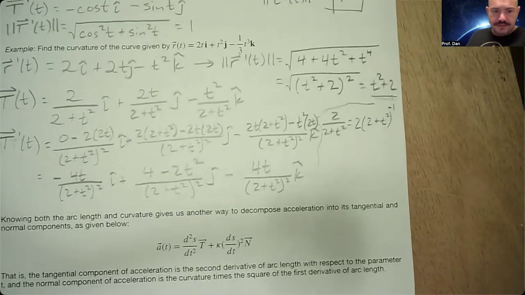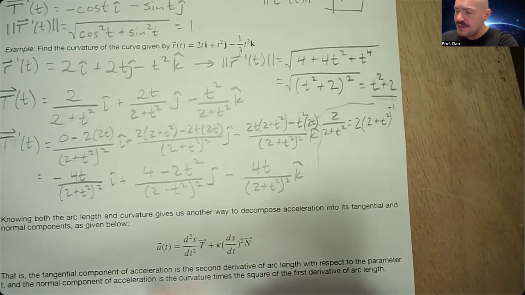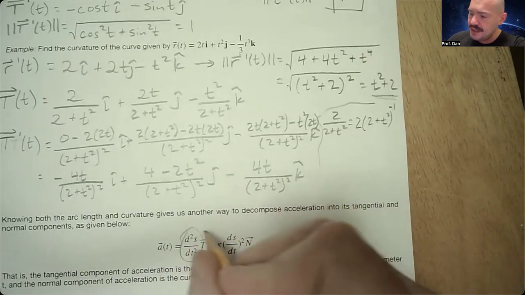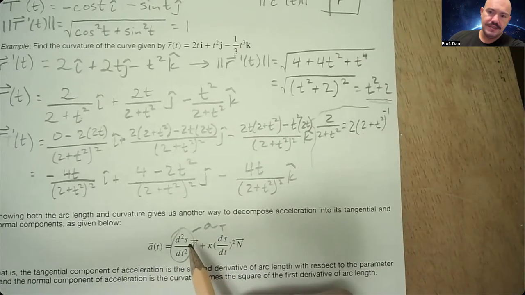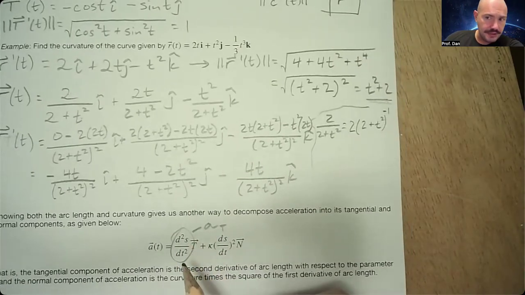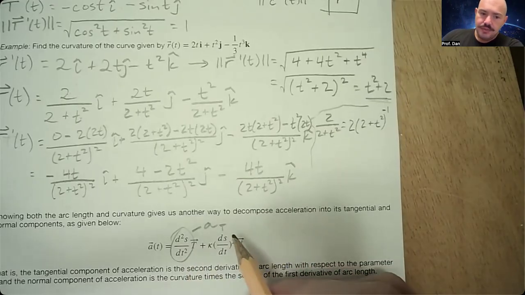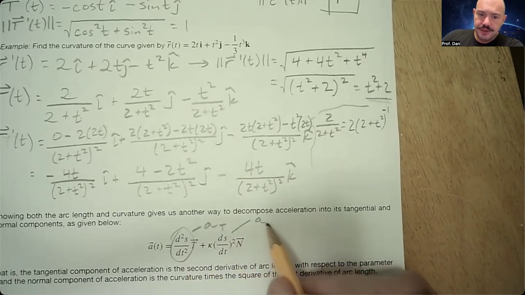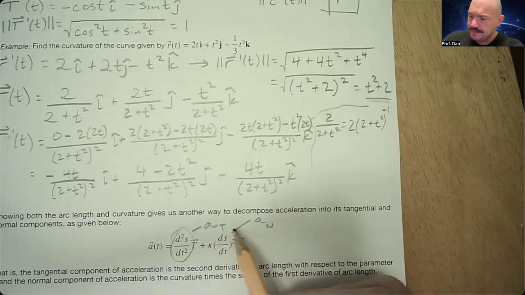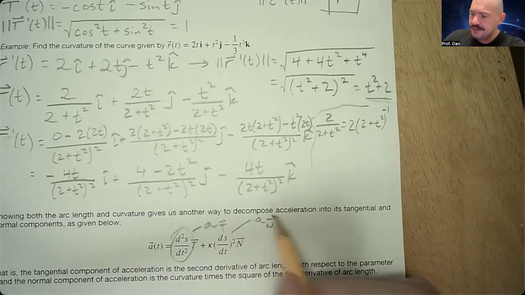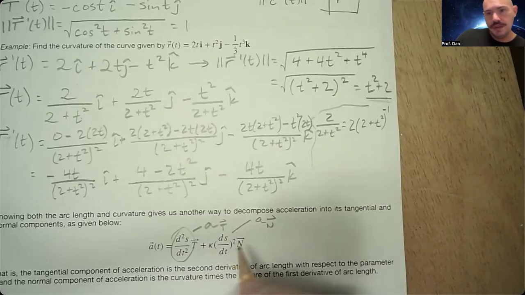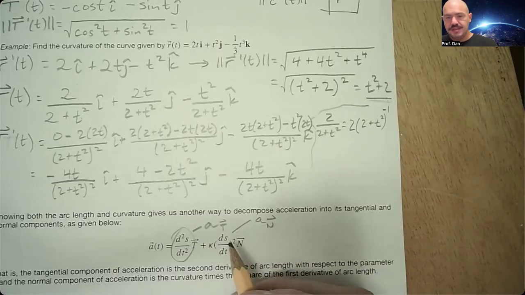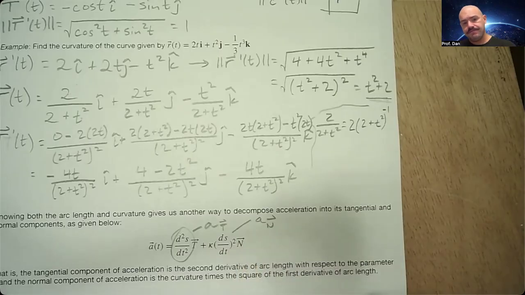Specifically, we get this formula: the tangential component of our acceleration is the second derivative of the arc length with respect to t. The normal component of our acceleration is given by the curvature multiplied by the first derivative of the arc length with respect to t, squared.